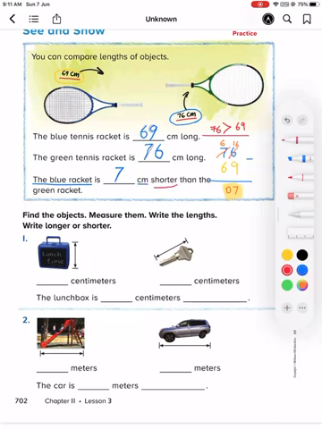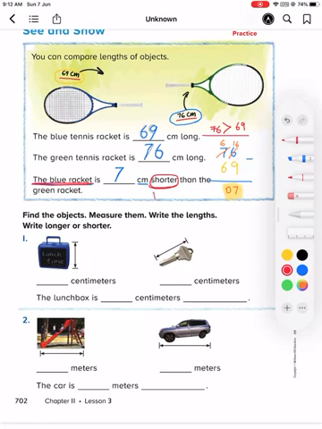Can you see? I put the word shorter because we are talking about the blue racket. If the question were about the green racket, what would I write? I would write the green racket is 7 centimeters longer.